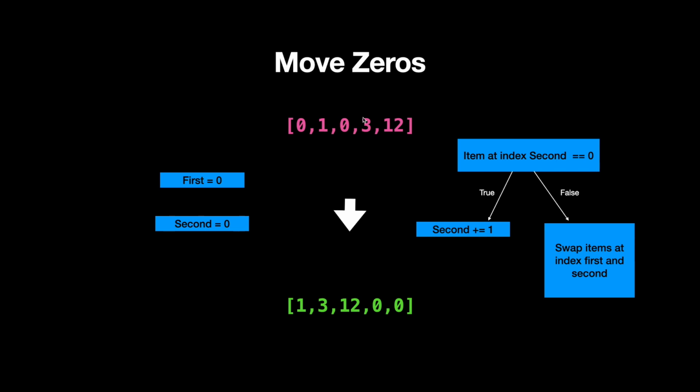Second will be moving forward from the first index. First will be behind second, right? And every time we encounter that the item at index second is not 0, we will swap it with the item at index first.